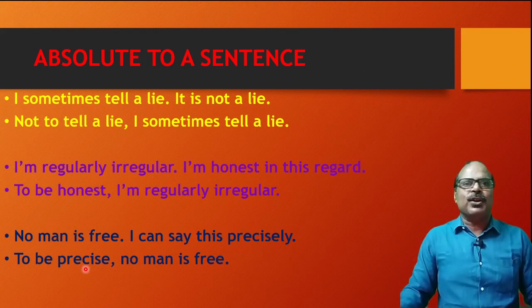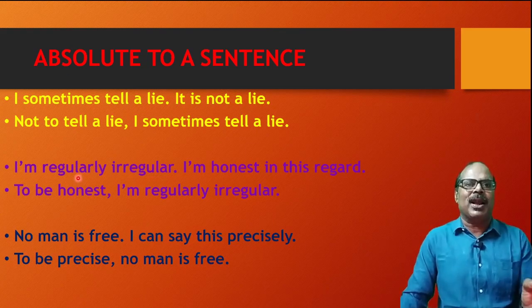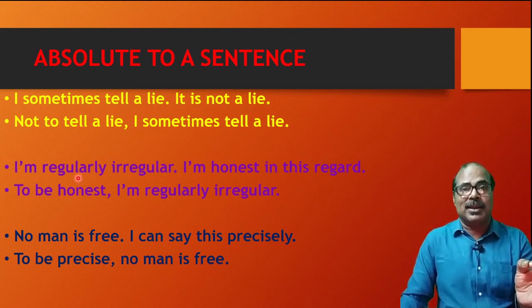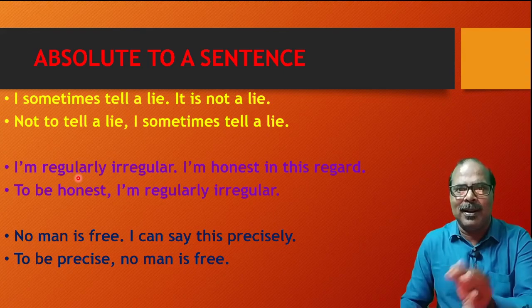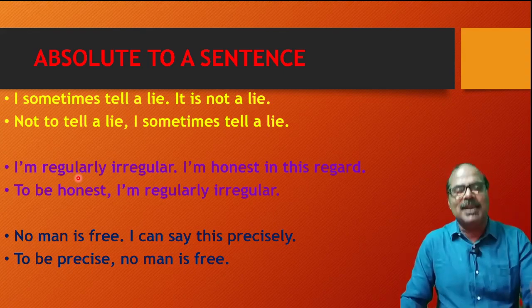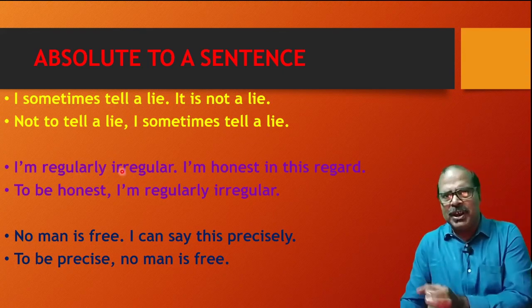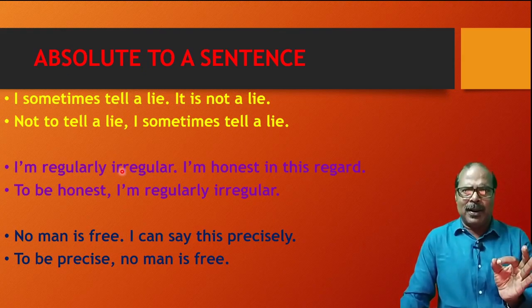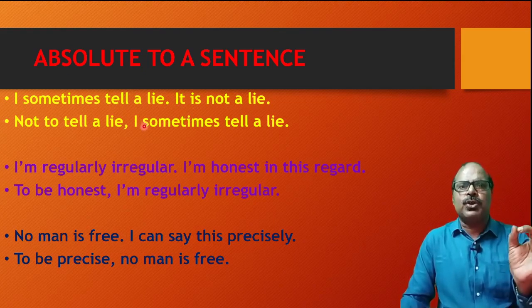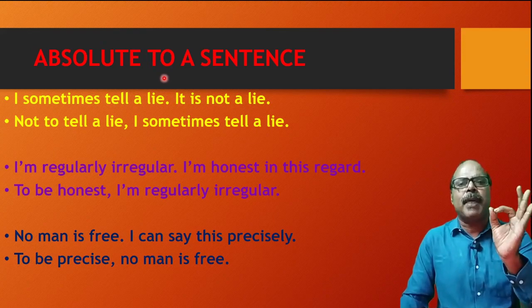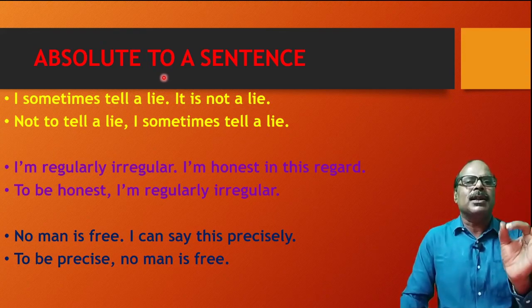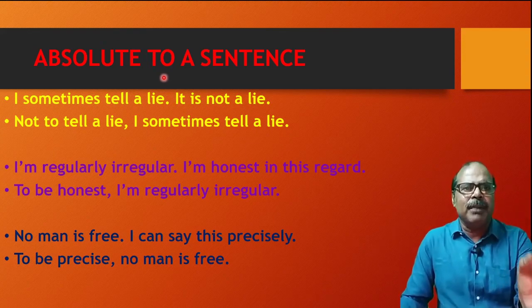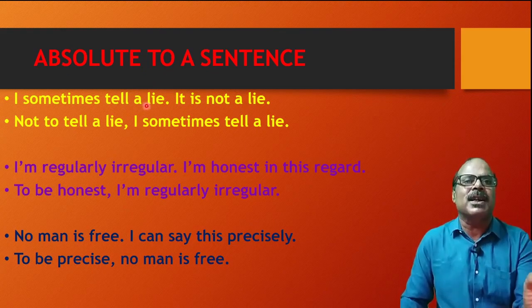Next, absolute to a sentence. আমি প্রথমেই বলেছিলাম to be precise, infinitive is a verbal, it is an example, to be precise, infinitive is a verbal. দেখো absolute to a sentence, the term absolute indicates that it is independent. The infinitive part is independent here.